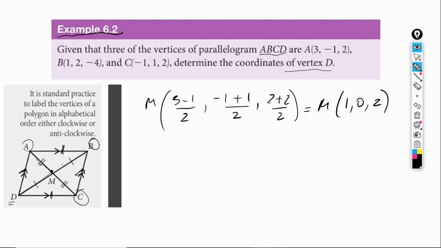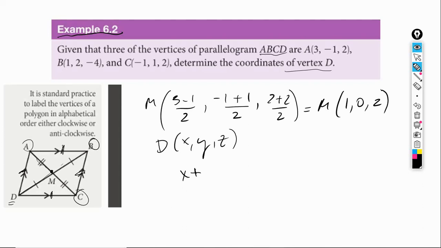Okay, so now let's find D. Because we have the midpoint, let's just call D X, Y, and Z. So we know that X plus the B coordinates, right?